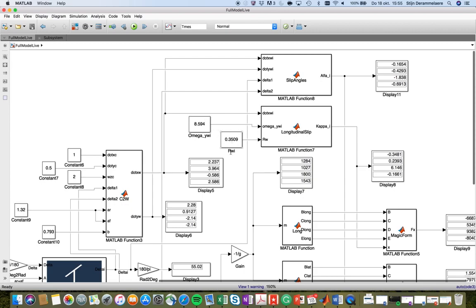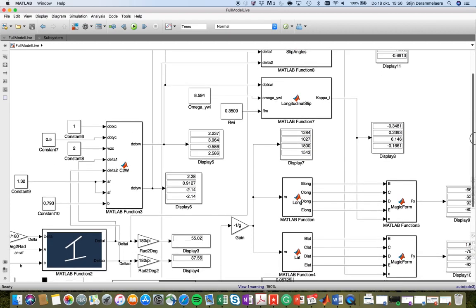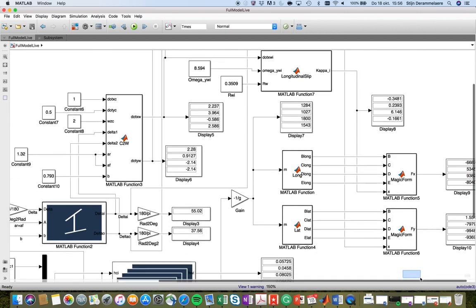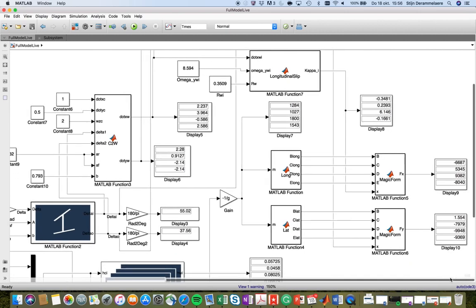You can see here that I already put a value for the radius of the wheel and the angular rotation of the wheel, and then if we feed that into the magic formula, we get the forces here as a final result. You should obtain the same values for these forces if you give the same inputs to this model.